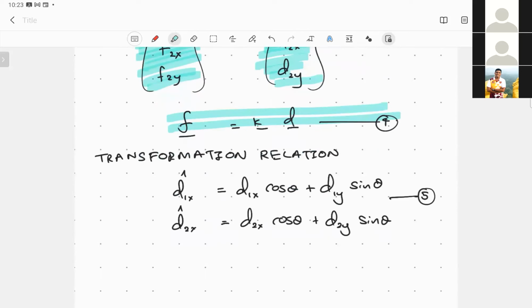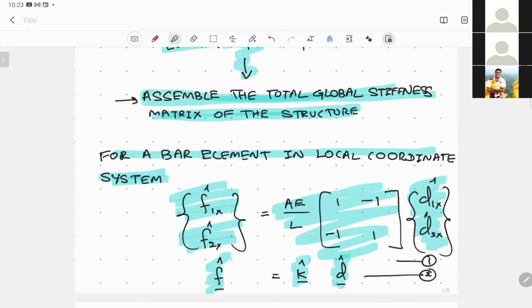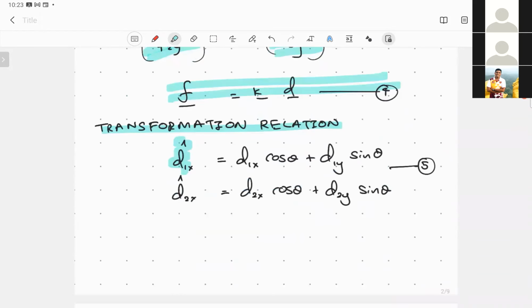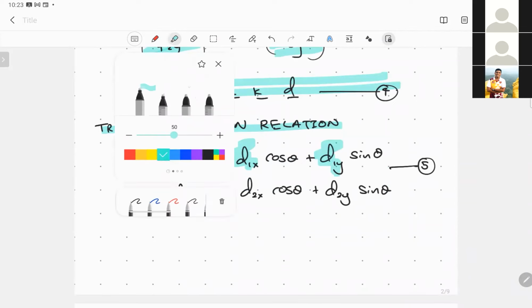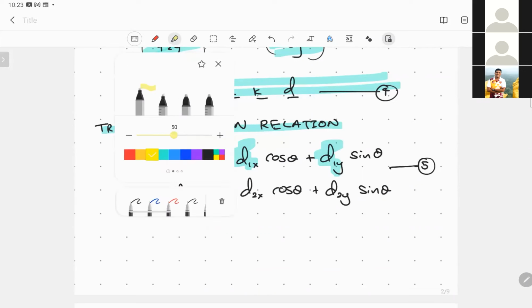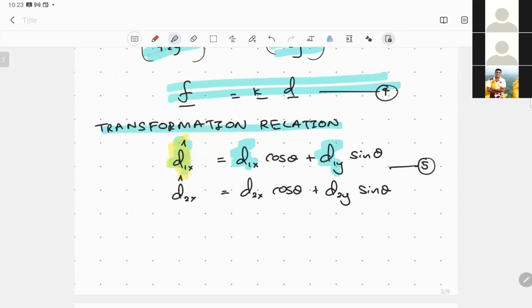So recall the transformation relationship for d1x, which we obtained using this equation. We know d1x hat can be expressed using d1x and d1y. The local coordinate system can be expressed in terms of the global coordinate system using the transformation matrix which we just derived.